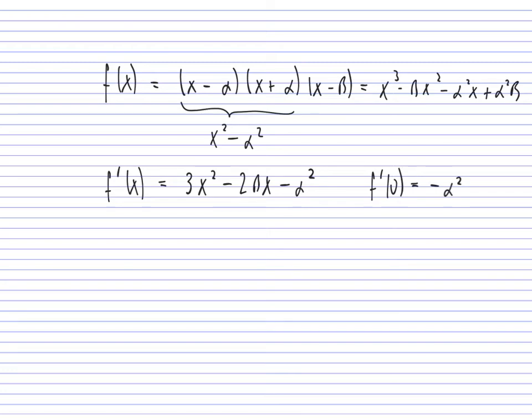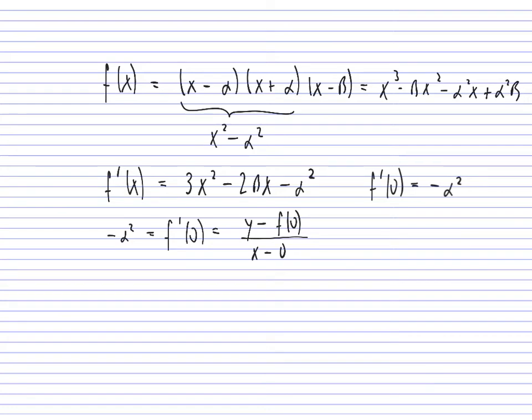So minus alpha squared, which is f prime of 0, is the slope of the tangent. So the slope of the tangent is y minus f of 0 divided by x minus 0.